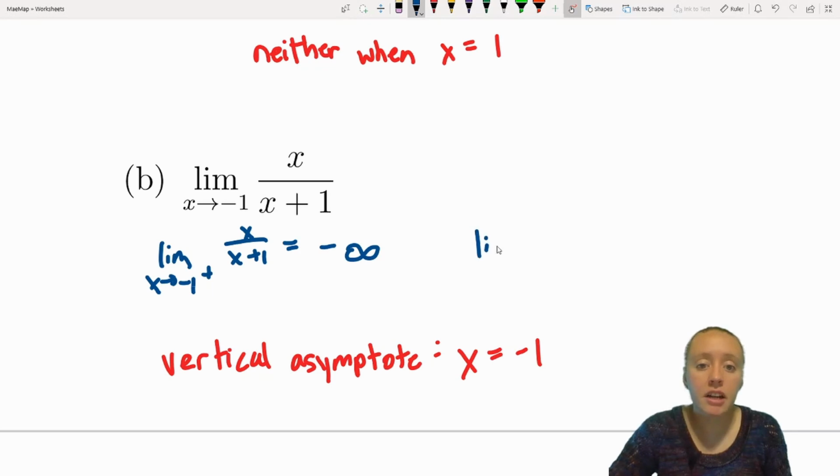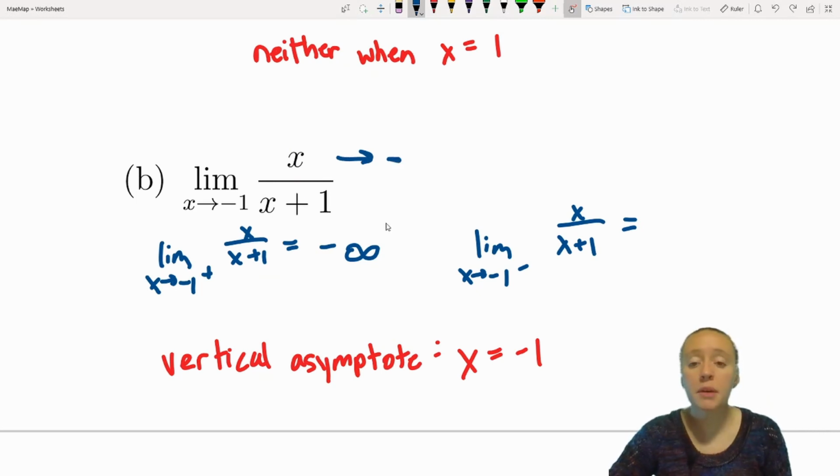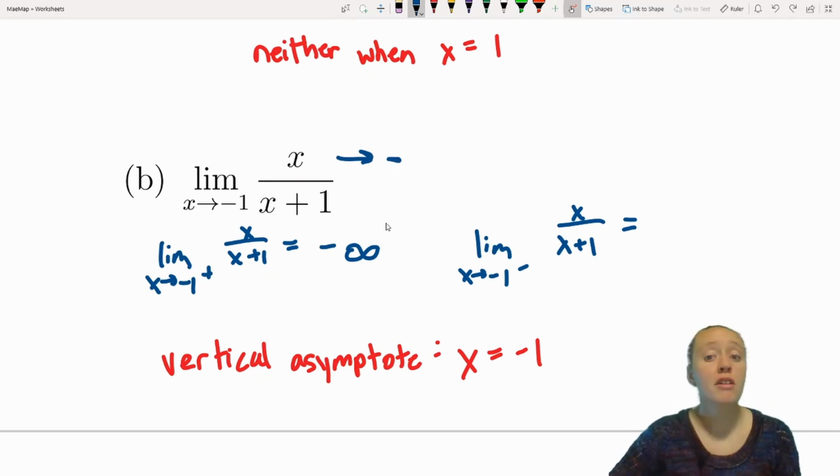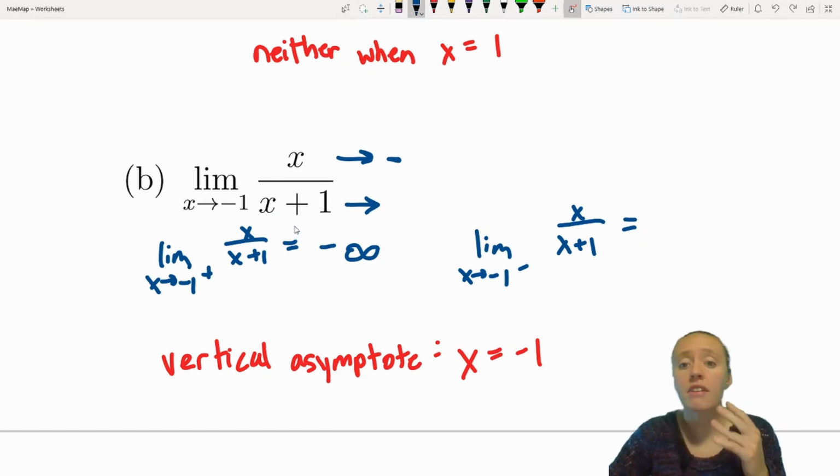But now let's think about it as we approach -1 from the left. As we approach -1 from the left, this still approaches -1, so it's still approaching a negative. But think about as we approach -1 from the left, obviously this denominator is approaching 0, but it's approaching 0 from negative numbers. Think about plugging in -1.5, -2, -3.